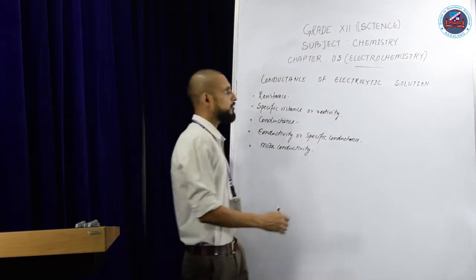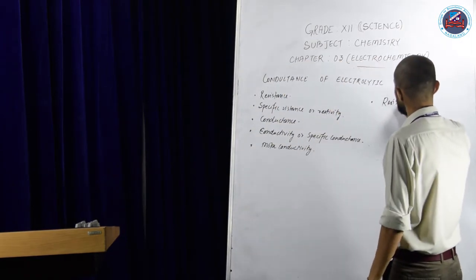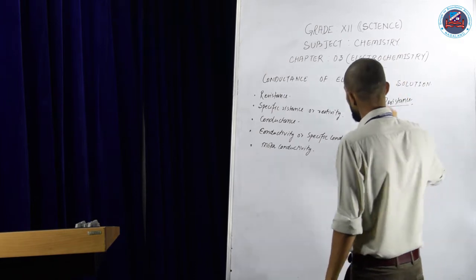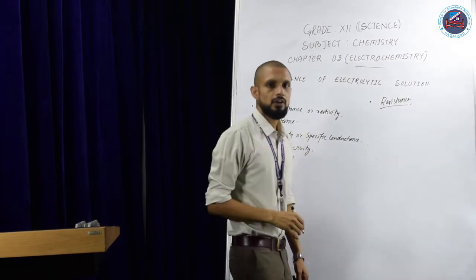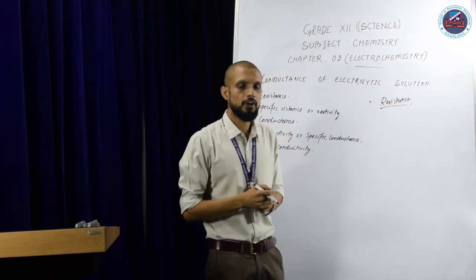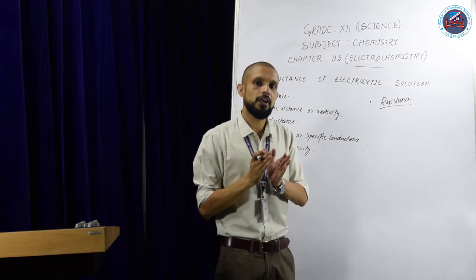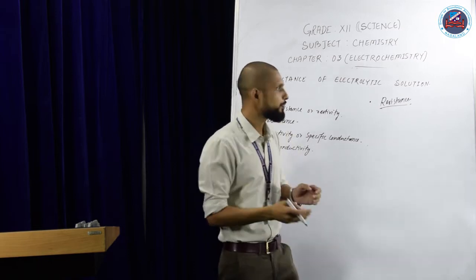So to start with resistance. We know resistance is an obstacle to the flow of electric current. So if the electric current is trying to flow, the resistance is a property which will obstruct it.